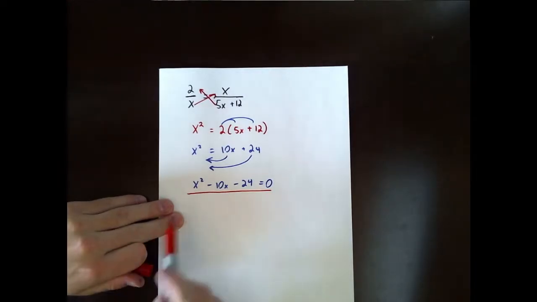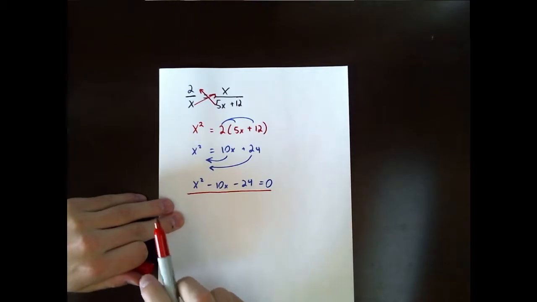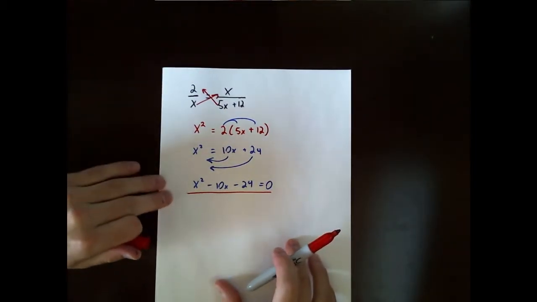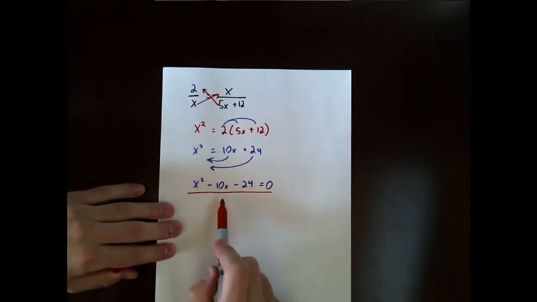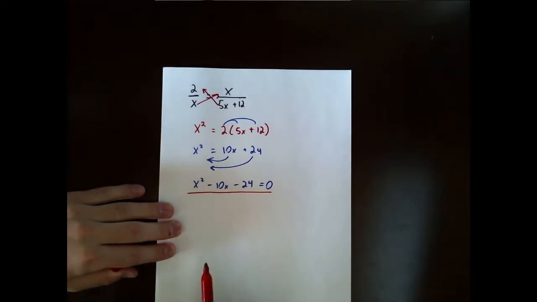So this one's going to factor down nicely, but if it doesn't, you can always complete the square, or you can use the quadratic formula, use your graphing calculator, and it'll work out either way. We're going to need two numbers that multiply to negative 24 and add to negative 10.